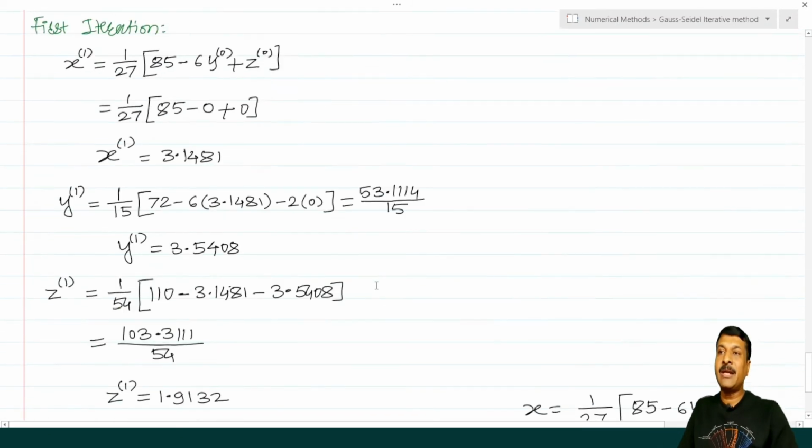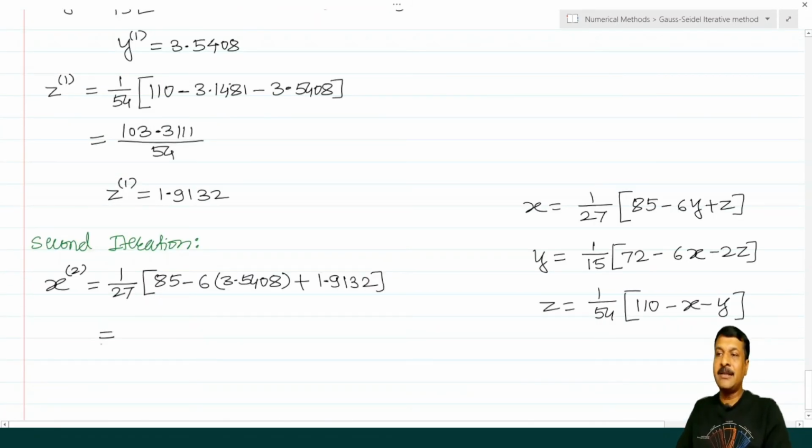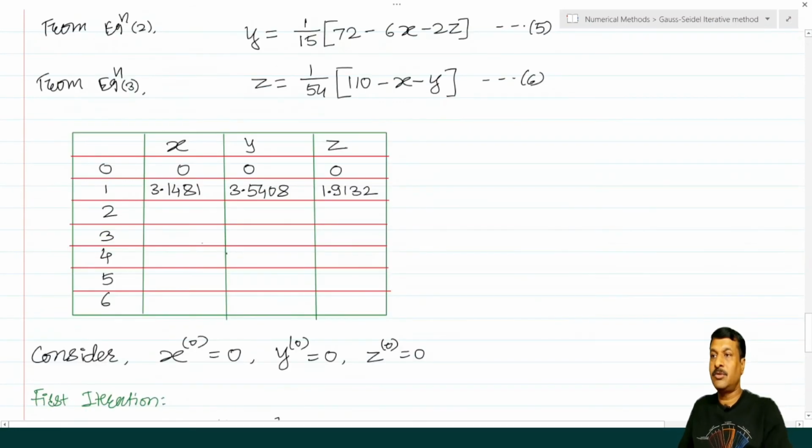By table you can see. So by calculator directly I am getting the value of this is 65.6684 divided by 27. So it is equal to 2.4322. So update this value here.